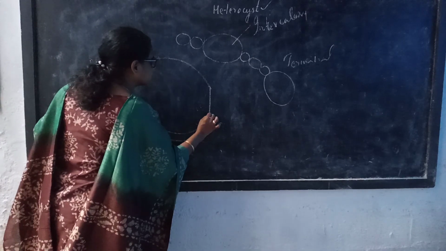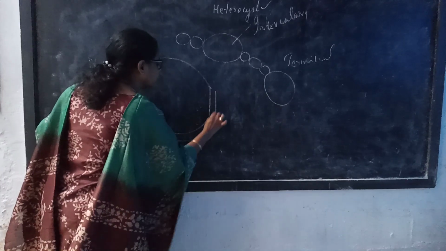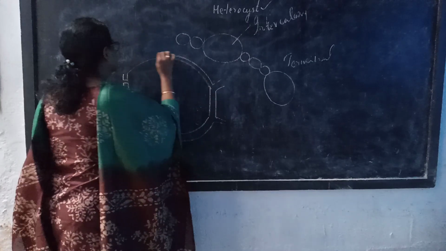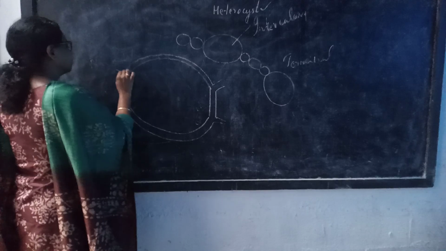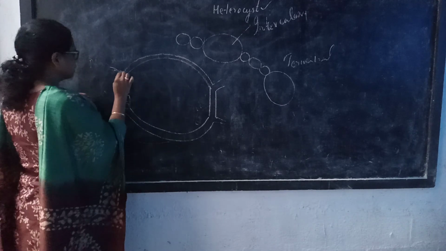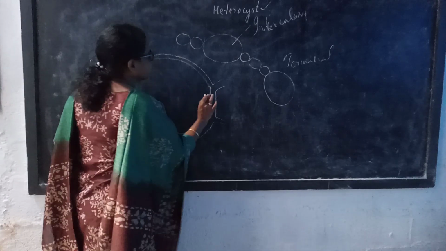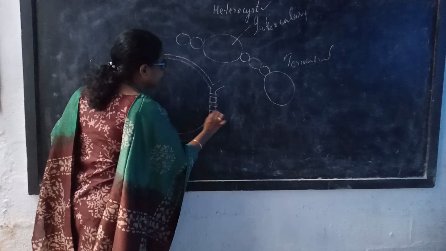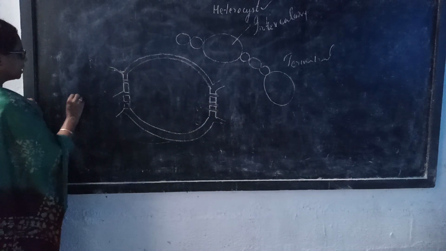They are also surrounded by a double-layered cell wall, outer pectin and inner cellulosic layer, and in addition to that there may be mucopeptide. And here you can see on the cell wall there may be pit connections. So these are the pit connections.